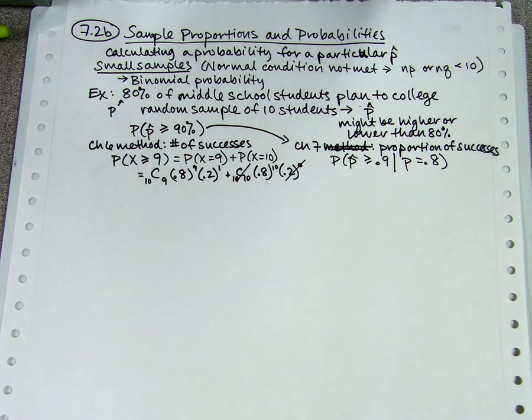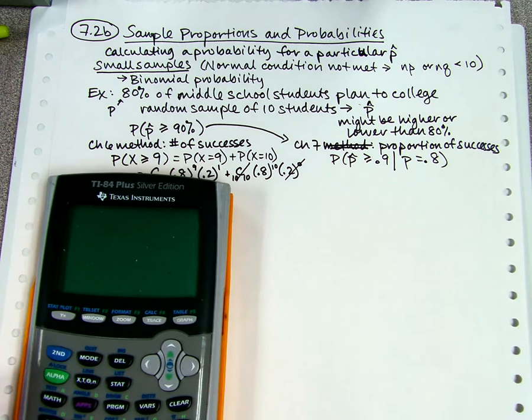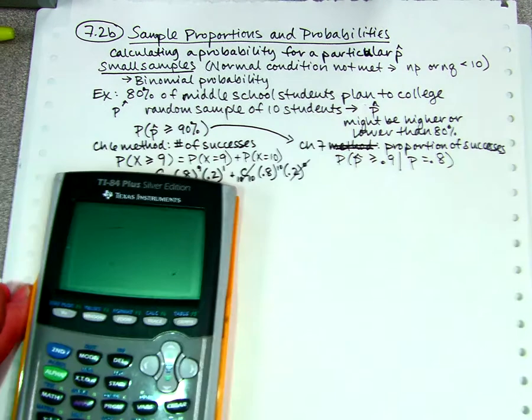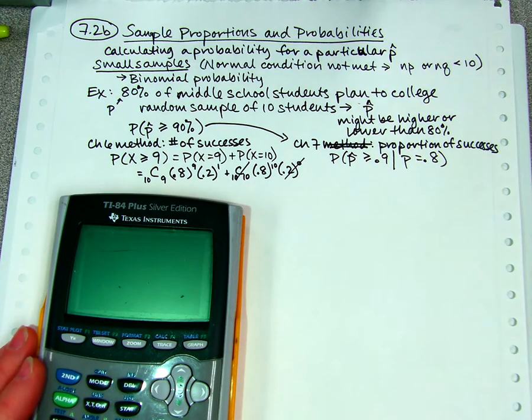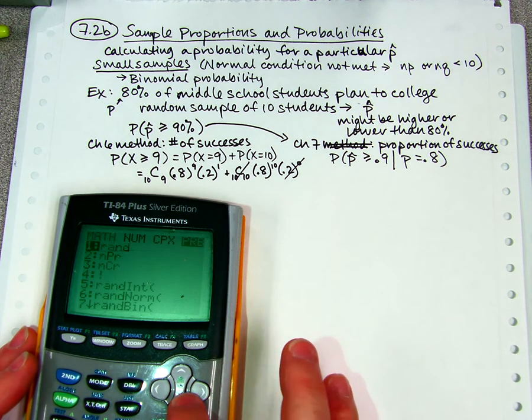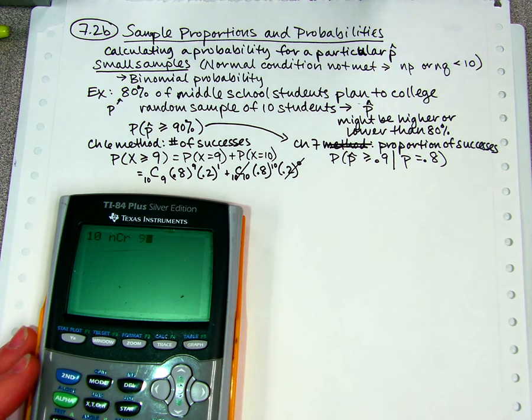I'll type it just to prove that it works, but there's a faster way that I'll show you in a sec. So what I've got is 10 math probability C9 times 0.8 to the 9th times 0.2 to the 1.